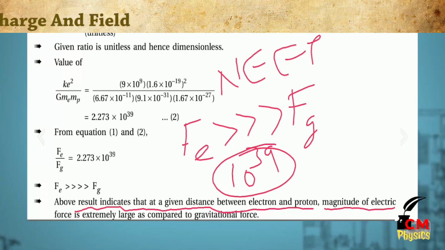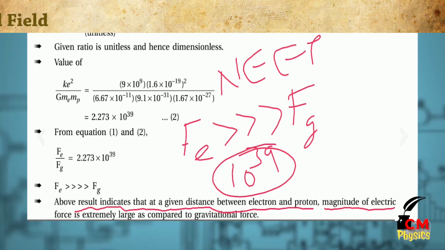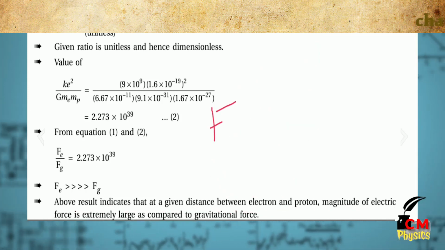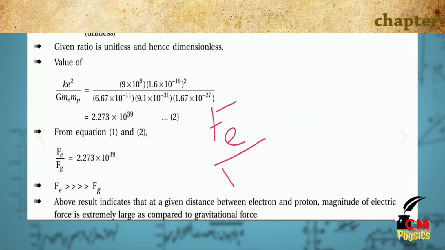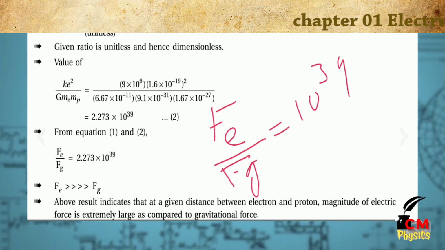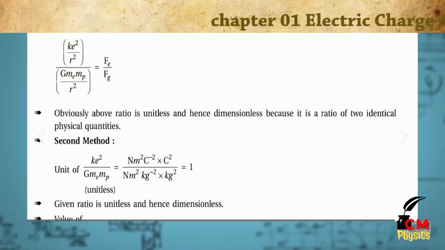How much time? The ratio of Fe by Fg is of the order of 10 raised to 39 times. Fe by Fg is nearly equal to 10 raised to 39. Therefore, it is a good question and purely based on the concept of 11th.